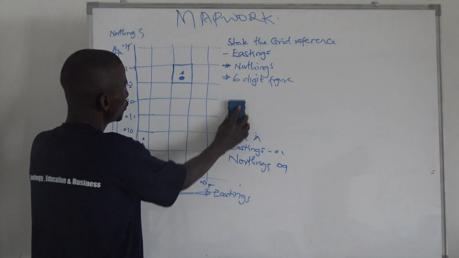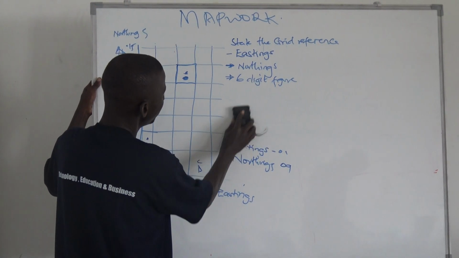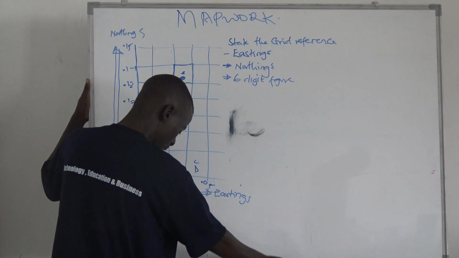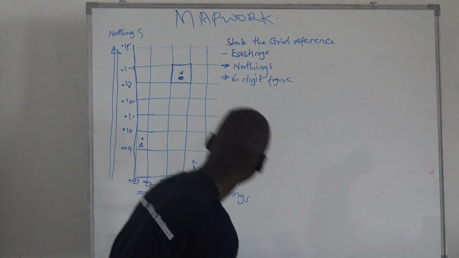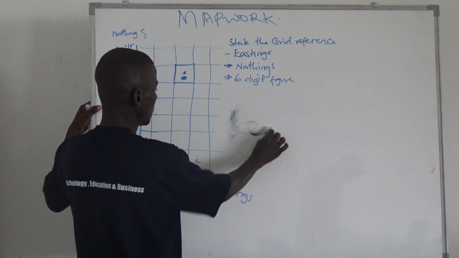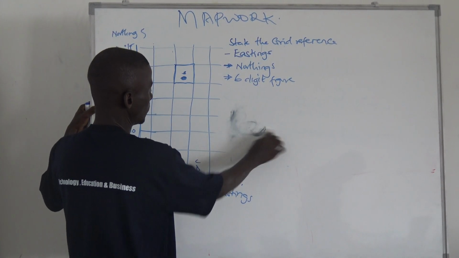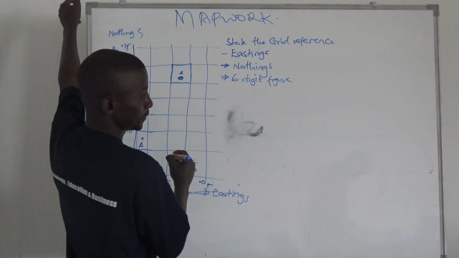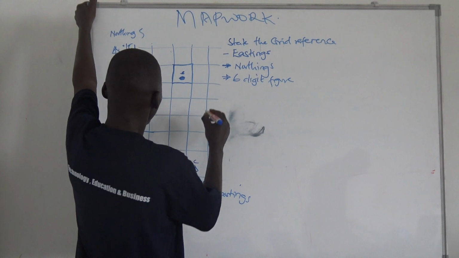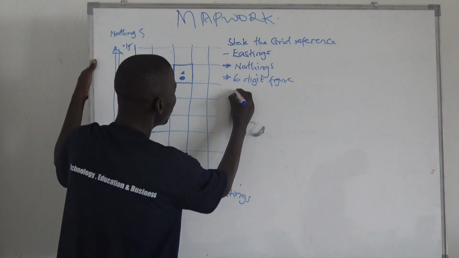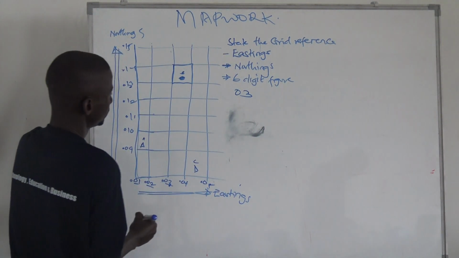Back to our point, which was the grid reference at point B. I said anything in this box, its eastings is 0, 3.